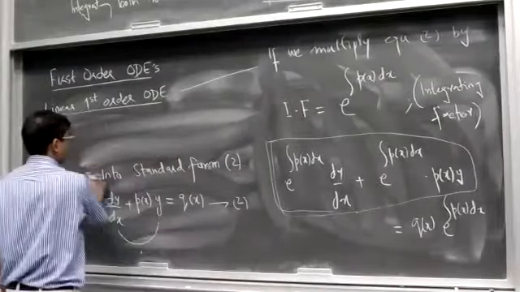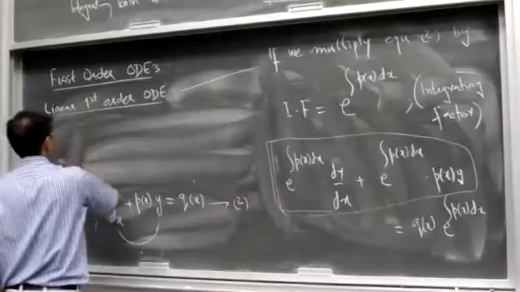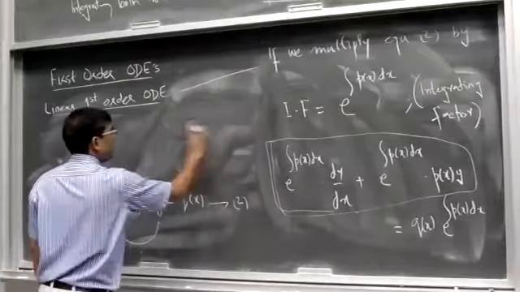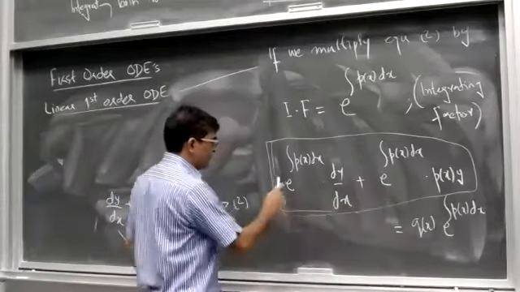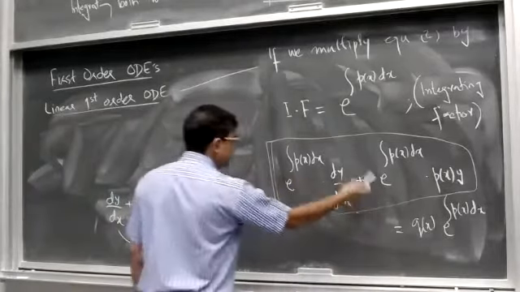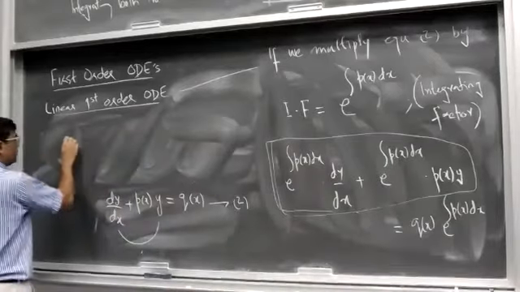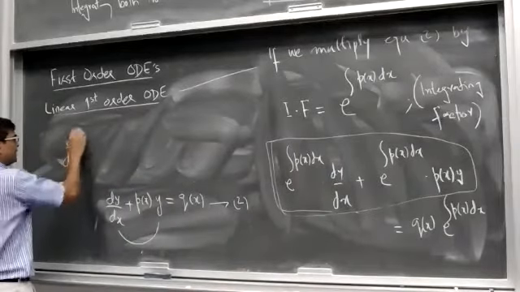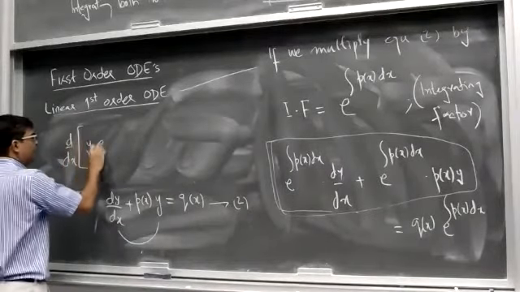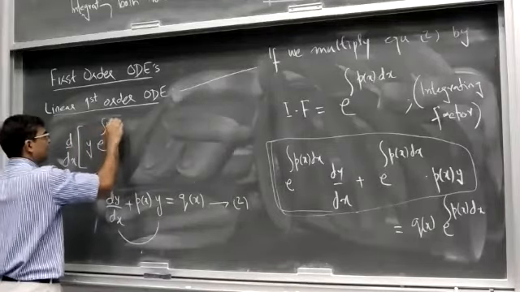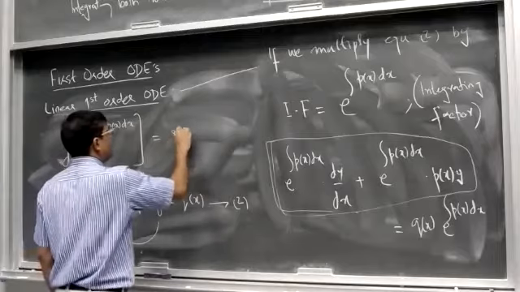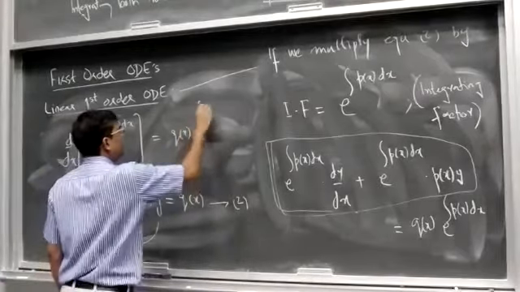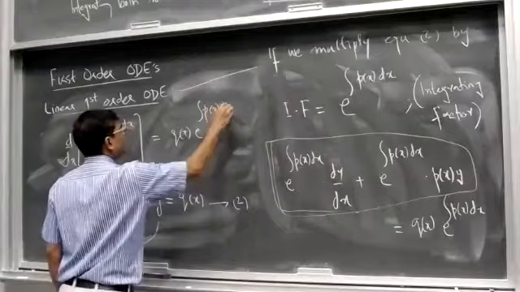Again, the left-hand side, if we write it in this form, d by dx of y times e to the power integral p of x dx, and the right-hand side remains the same, q of x times e to the power integral p of x dx.